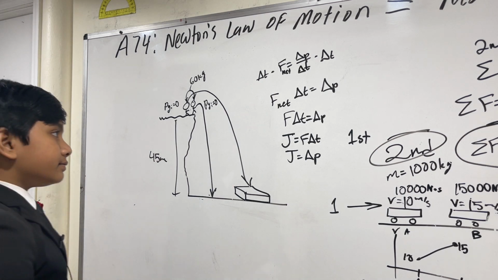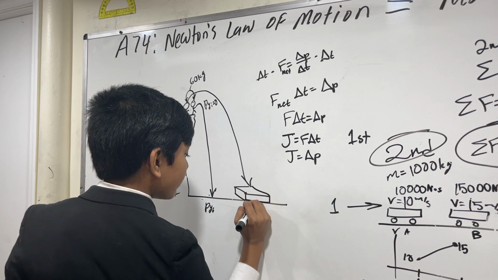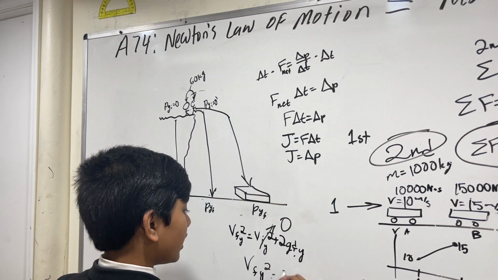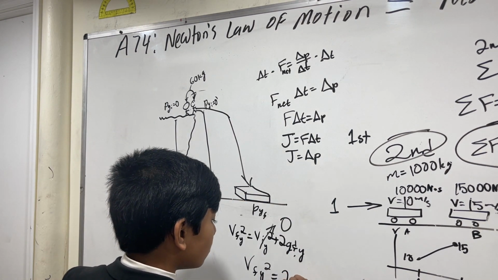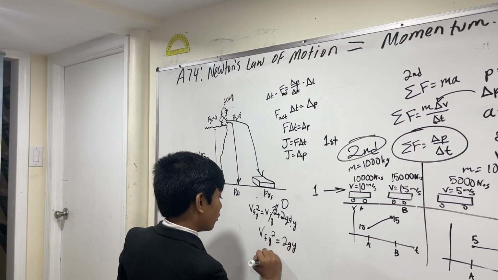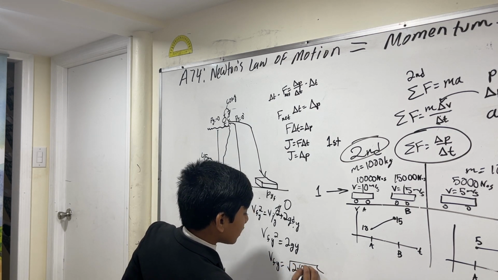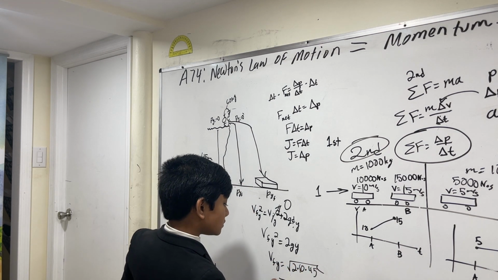So now, what would be Py final here and Py final over here? Vfy squared is equal to 2gy, I guess. So Vfy is the square root of 2 times 10 times the height, which was 45.